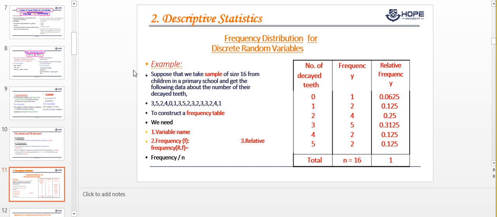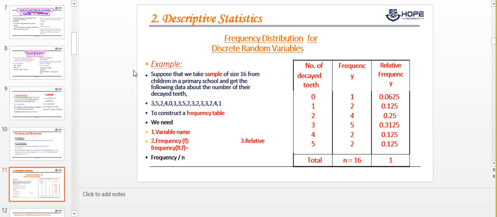In section number 2, we are going to understand descriptive statistics, mostly data presentation issues like frequency distribution, for discrete random numbers and whole random numbers. Frequency distribution is a tool of statistics mostly used to present data in a simplified form.